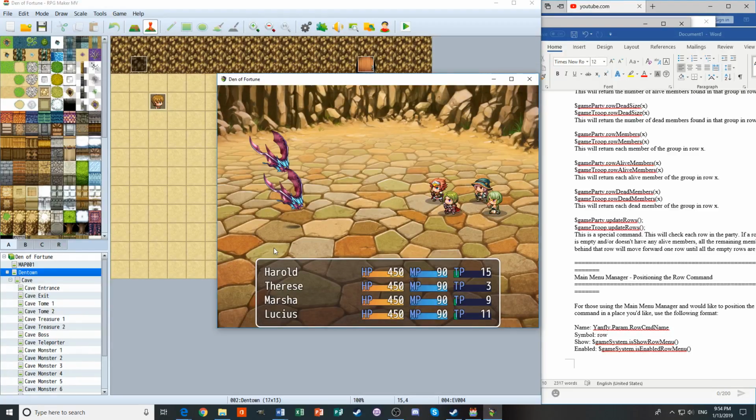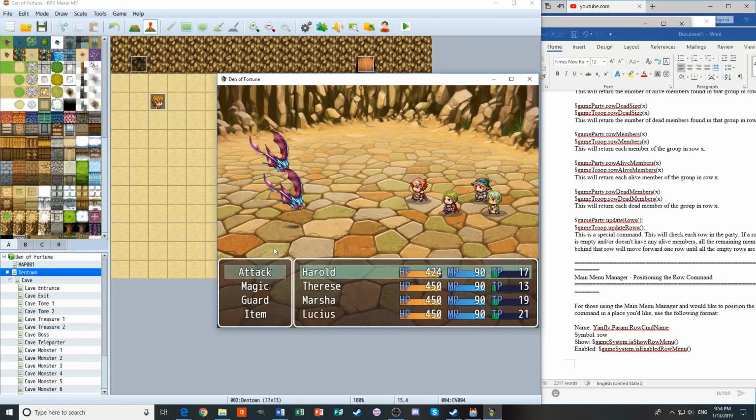So now, at the end of the turn, nobody should step forward. Good. That seems to be working nicely.